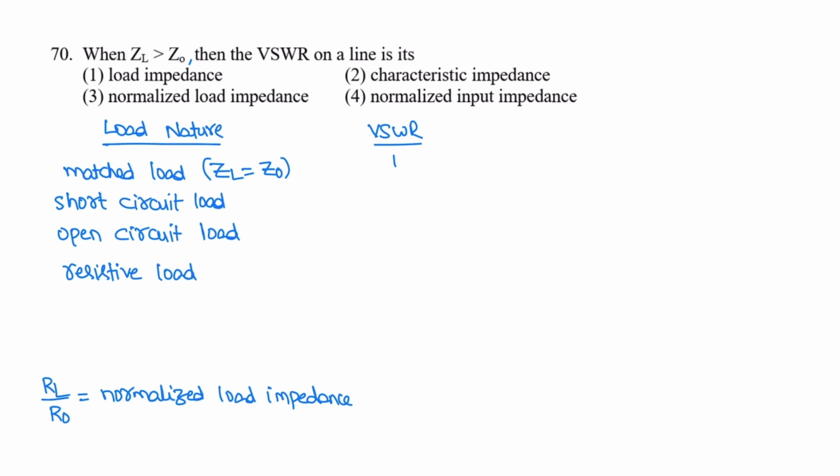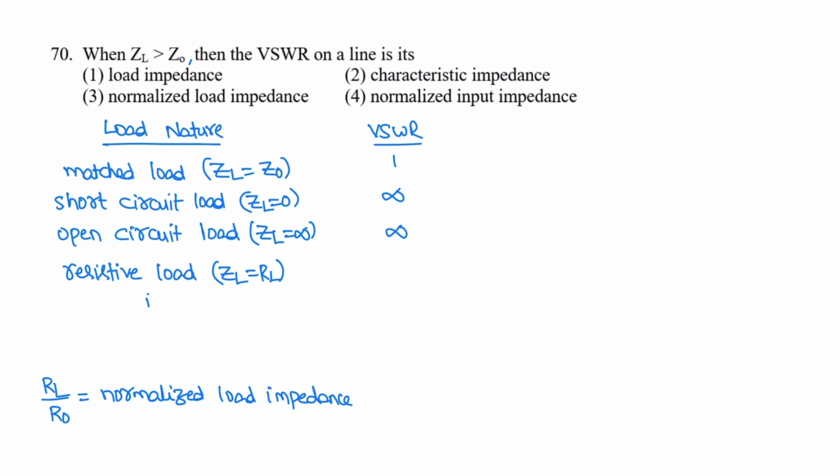If it is a short circuited load, ZL is 0 and VSWR is infinity. If it is an open circuited load, ZL is infinity, and then the VSWR value is infinity. If it is a resistive load, ZL is equal to RL, some finite load resistance.